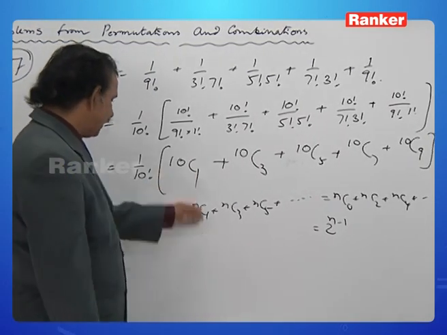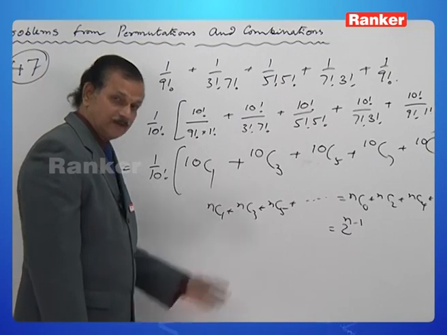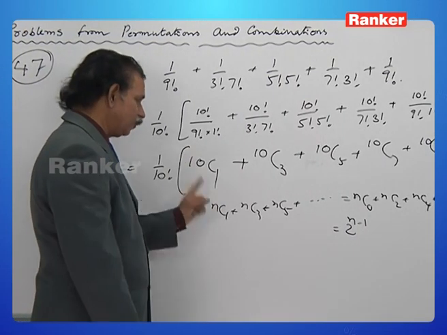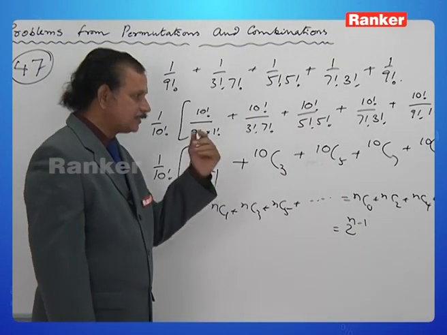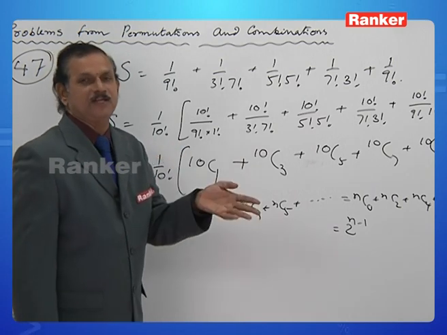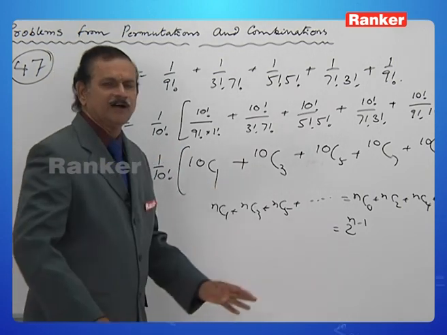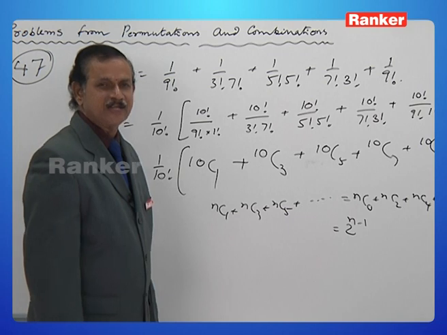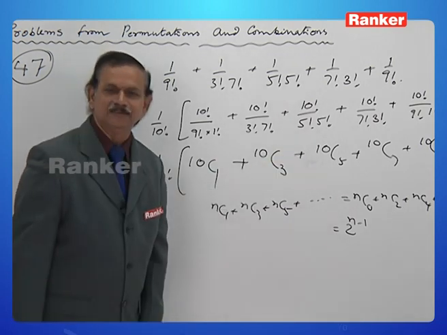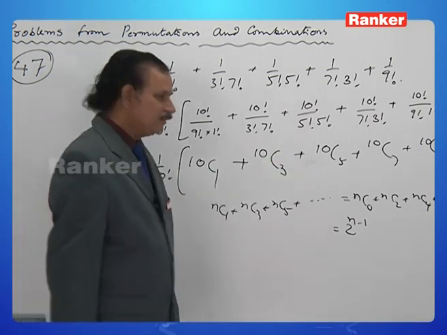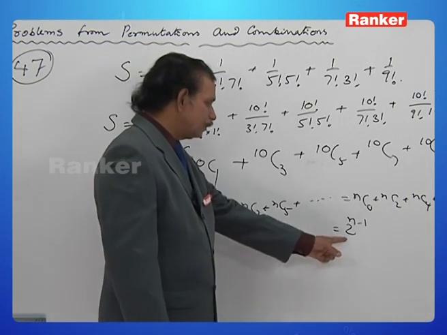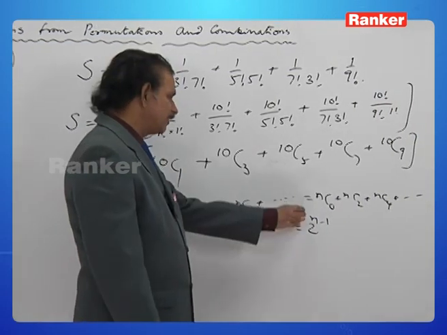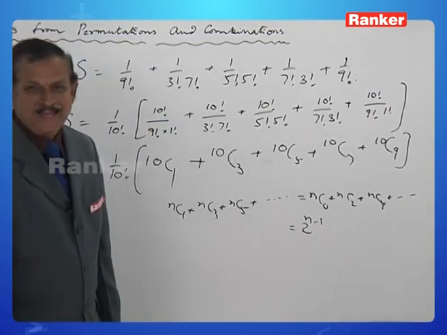In the place of n, we have 10 here. You observe that? 10C1, 10C3, 10C5, 10C7 and 10C9. All the odd coefficients with n equal to 10 are gathered here. Therefore, the answer must be 2 power n minus 1, and in the place of n, you have 10.